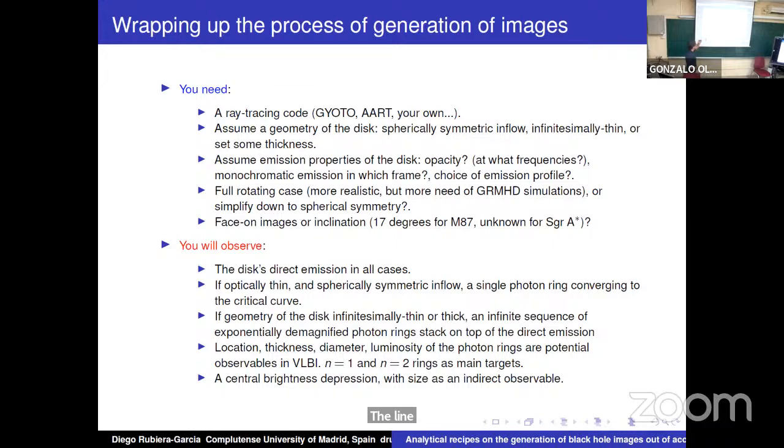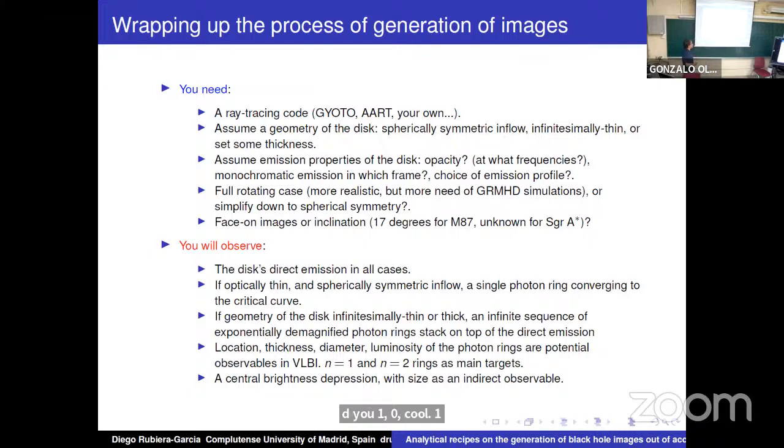Actually, this is what happens for M87, which is inclined at 60 degrees. And you need to put this into a code, because this cannot be done manually. We are not illuminating any longer. So we need to do a code. Yeah, so there are several. Probably the most popular one is developed in Paris, at the AIP Institute. There is a new one from two years ago, our own code.